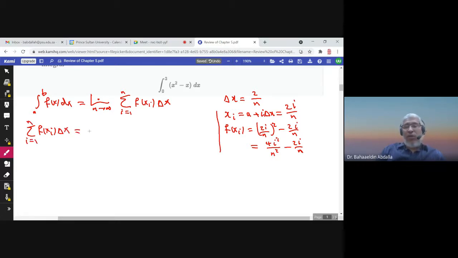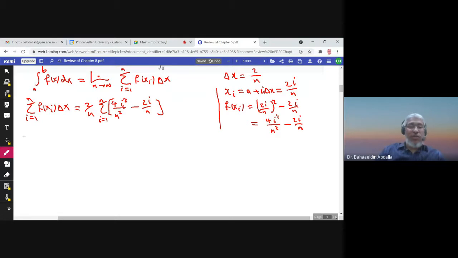So this would be equal to, delta x is 2 over n. I can take it out of the summation. And then I will have the summation from i from 1 to n of 4i squared over n squared minus 2i over n. Now from the properties of summation, I can distribute the summation. The summation of the difference will be the difference of summations.